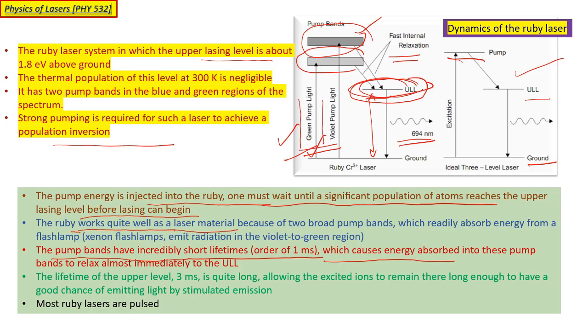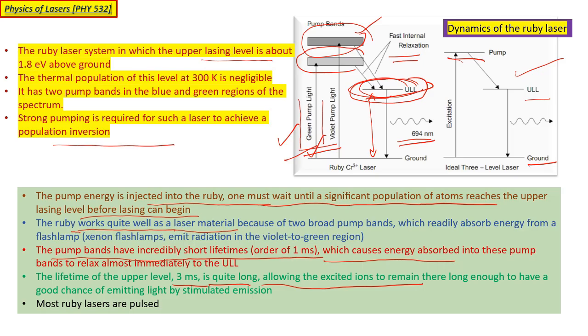The lifetime of this level is 3 milliseconds, which is greater than the lifetime of the pump band. It's quite long. This is one of the reasons, allowing the excited ions to remain there long enough to have a good chance of emitting light. So stay there, achieve population inversion, and then cause the stimulated emission.